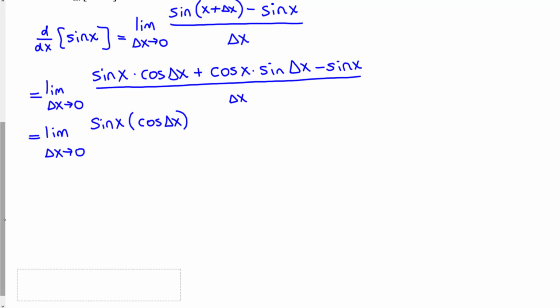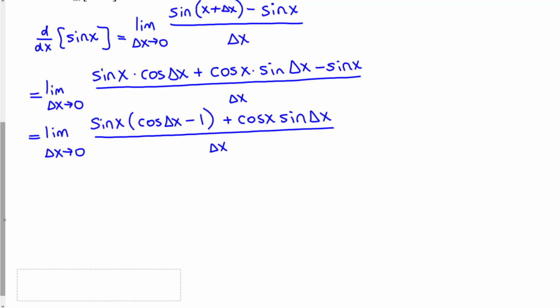And if I pull sine x out of the second term, which is negative sine x, that leaves me just a minus 1. And then I still have the middle term, so plus cosine x sine delta x, and this is all over delta x.